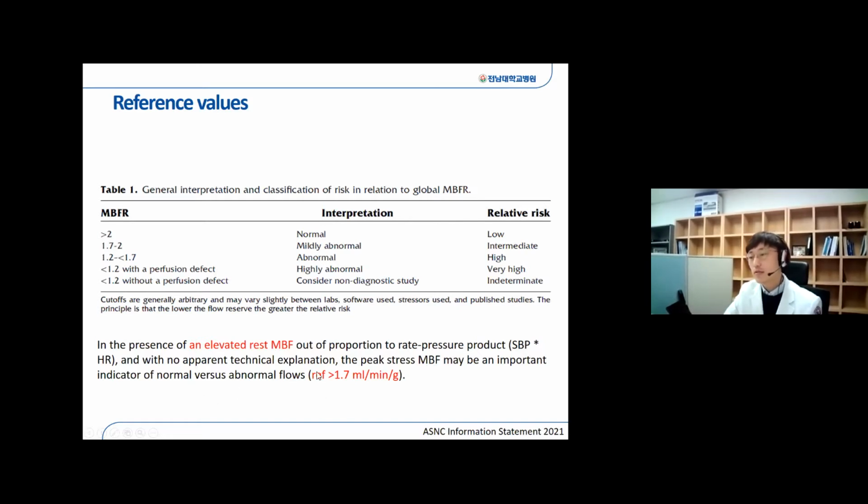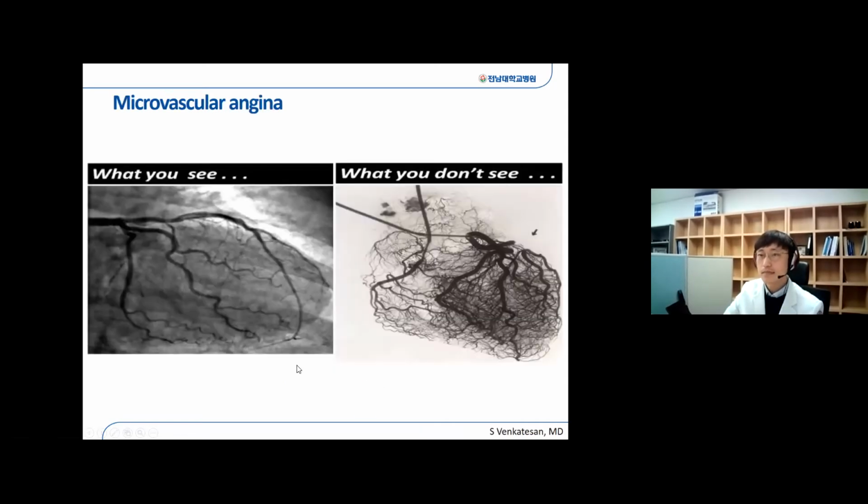And the reference value of the stress MBF is 1.7 according to the ASNC statement. And this kind of technique can detect microvascular angina.